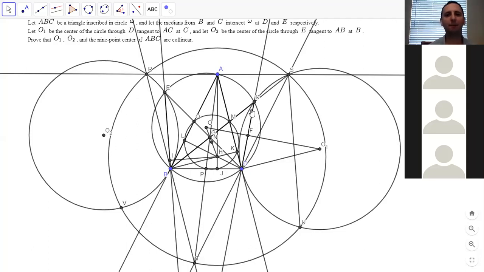Oh, I see it now. Okay. So that proves that S lies on the circle. And then once we know that, if we let U be this other point, can we show that U, C, and E are collinear? Let me check. Okay.